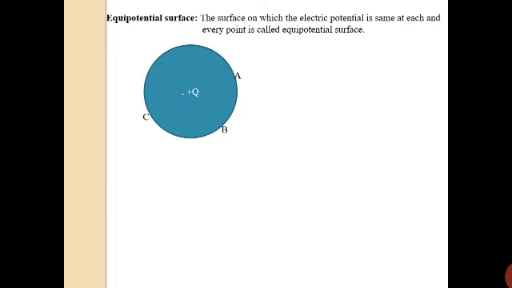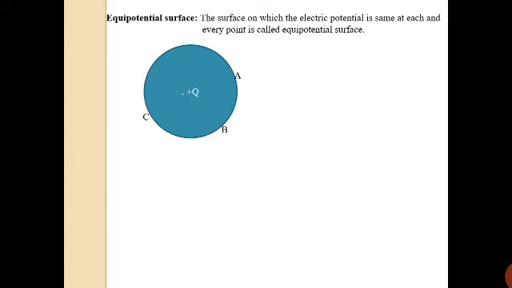Now just take the points A, B and C. Since we imagine a sphere, which means the electric field is in the shape of a sphere and the plus Q is at the center of this sphere, it is clear that point A, point B and point C are at equal distance from the center, because it is the radius only. So at point A, point B and point C, the potential will be the same.